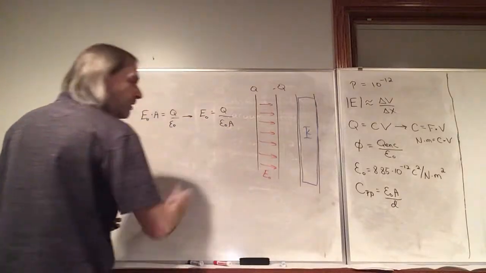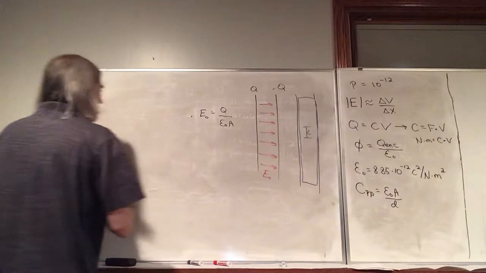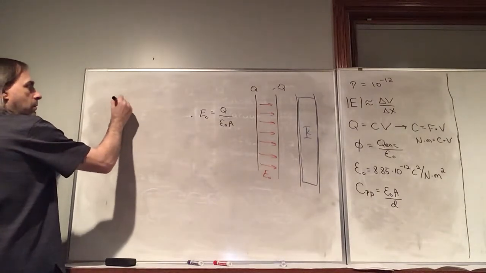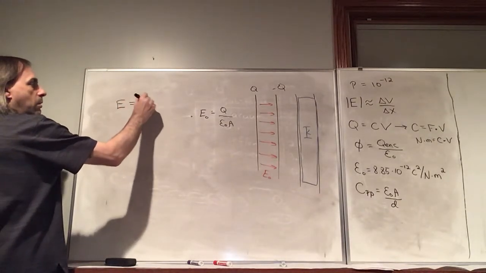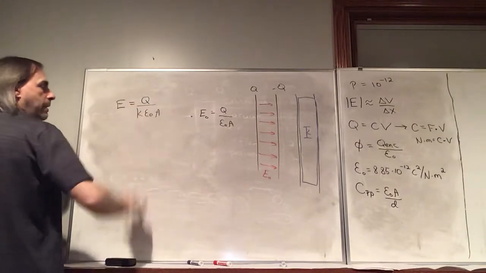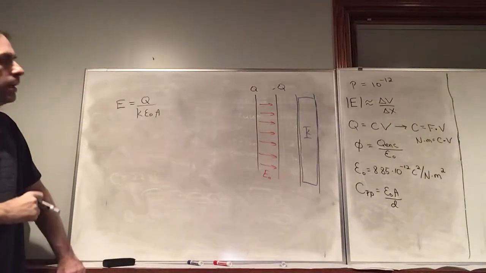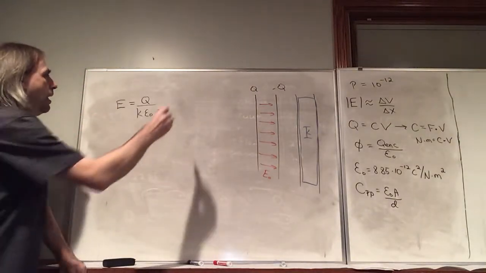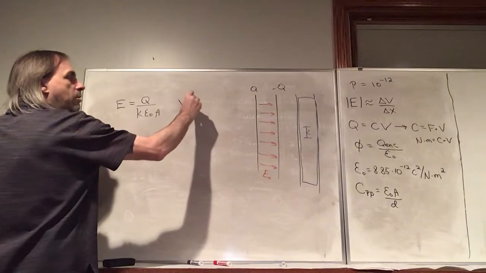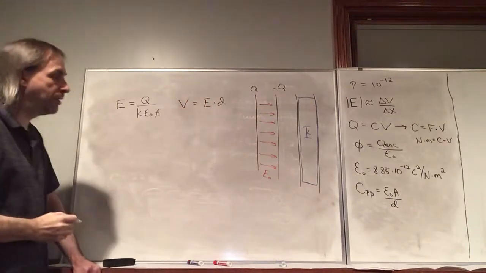Okay, so our electric field over here would be Q over kappa epsilon naught A. And similarly, the potential difference between the two plates is the electric field times the separation.